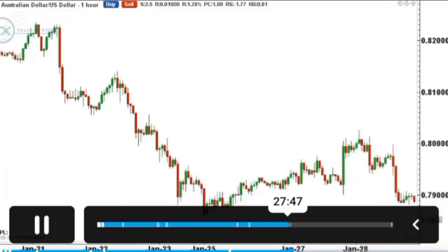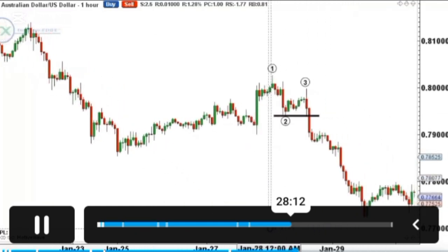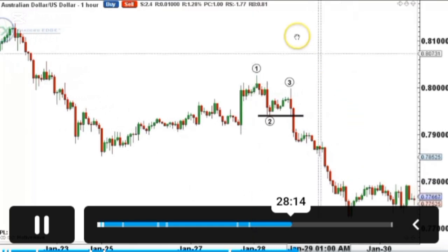Let's mark it out and draw the horizontal line. Okay, let's see what happens. Okay, the market moves lower, so this was a good trade as well.